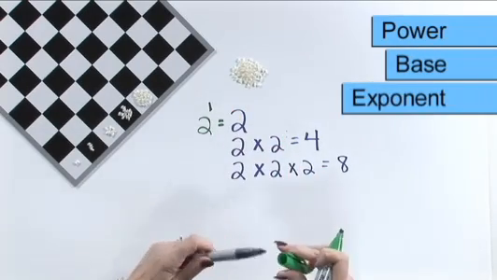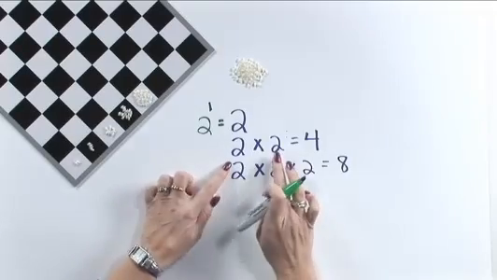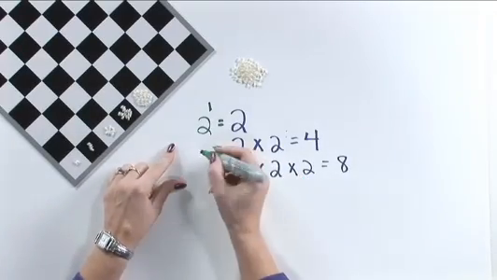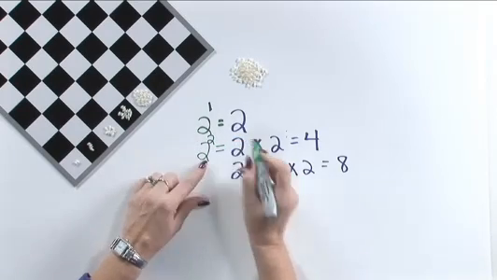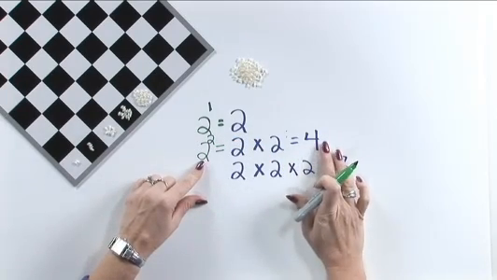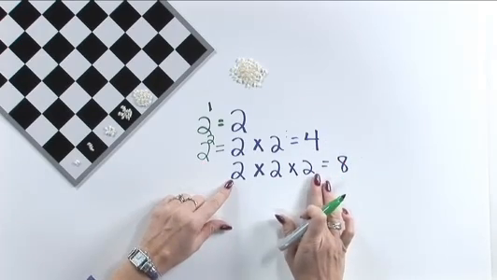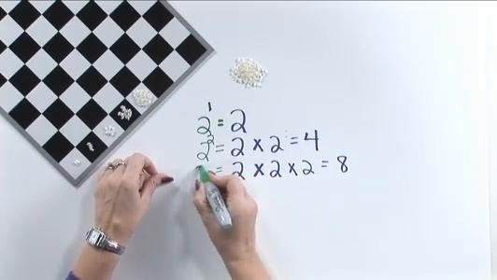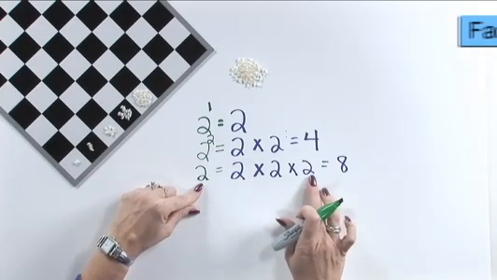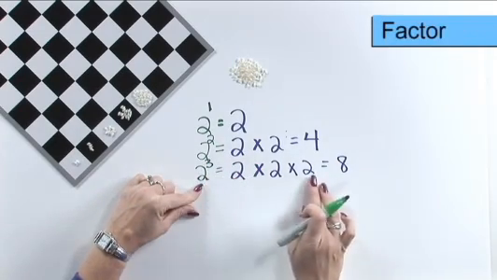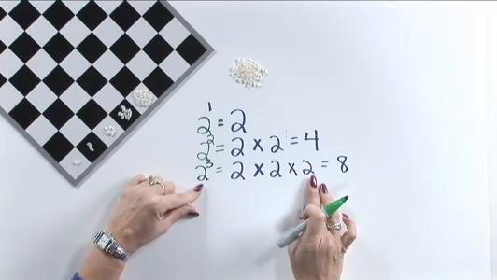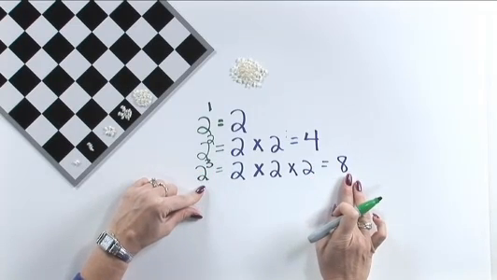I notice on the next problem that we have 2 times 2. So we would write 2 to the second power is equal to 4. Our third day, we have 2, again, that's our factor, times 3. There are 3 factors of 2. So 2 to the third power is equal to 8.